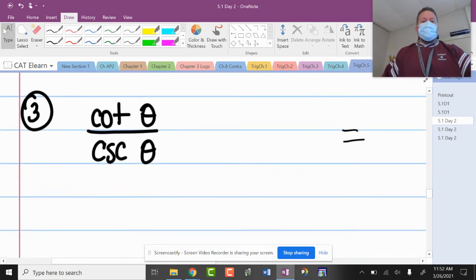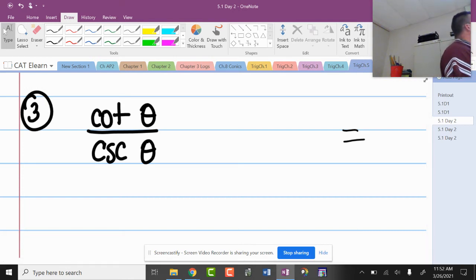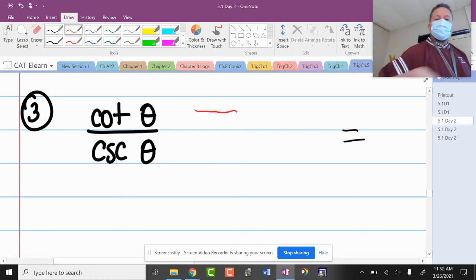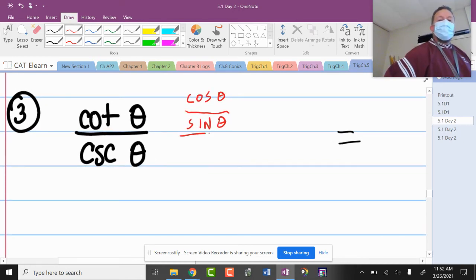Amanda, what's cotangent? Okay, so remember the objective is to get this in terms of sine and cosine. Tangent was sine over cosine. So what's cotangent? And then what is cosecant, which we literally just wrote on the last question? Okay, and then who cancels?